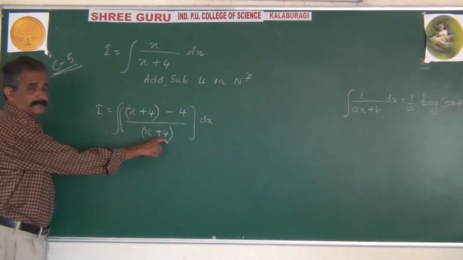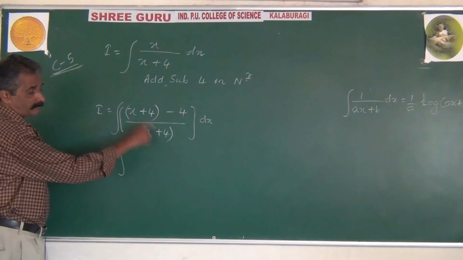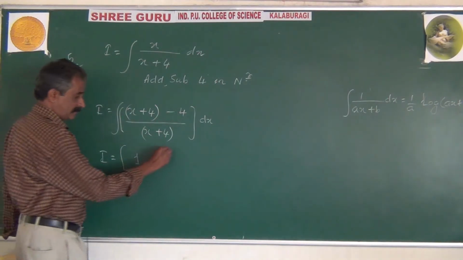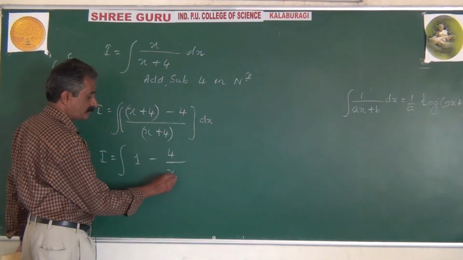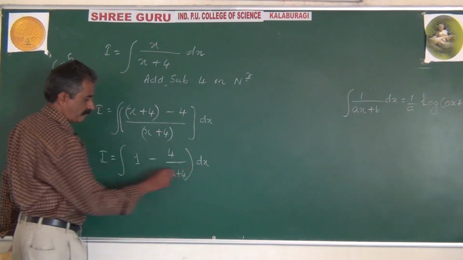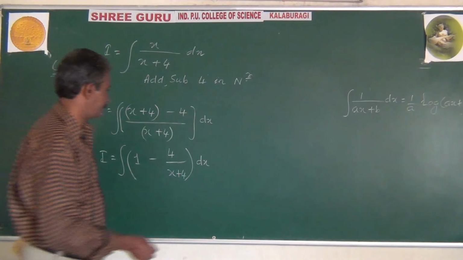We now split the terms. x plus 4 cancels, leaving 1. Next term, minus 4 divided by x plus 4. Now we can make two integrations.